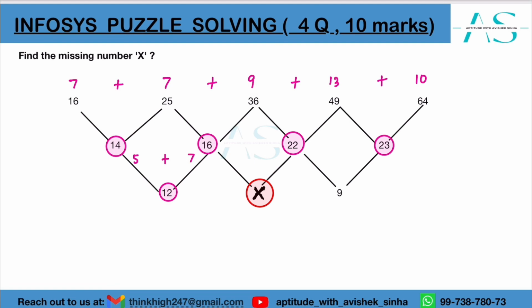Let's check quickly. So we have 2 plus 2, 4. 2 plus 3, 5. Add them up, it is 9. Now, 1 plus 6 is 7 and 2 plus 2 is 4. Add them up, what do you have? You have it as 11, and that should be the value of x.